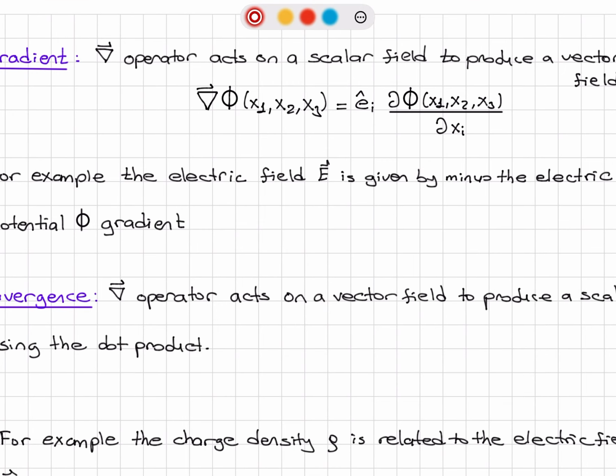Now we can demonstrate that with the electric field. We know that the electric field is given by minus the gradient of the electric potential phi.